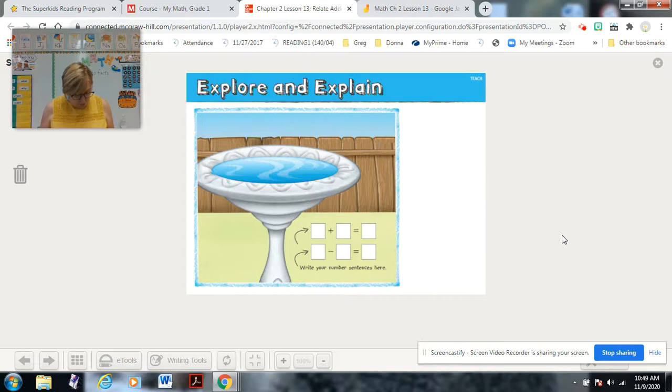Okay, so first, remember that with the addition and subtraction number sentences, you should always look at the parts, especially when they have them written on a paper for you, to make sure you are using the correct one, okay? So as you know, addition has what symbol in it?